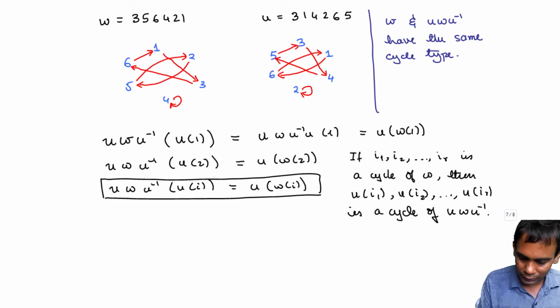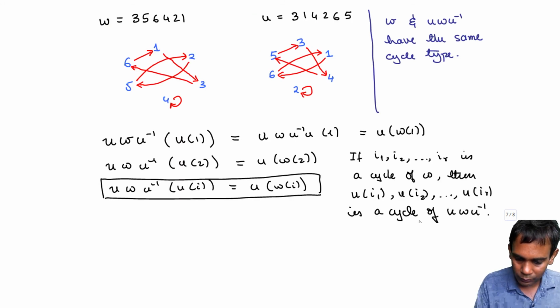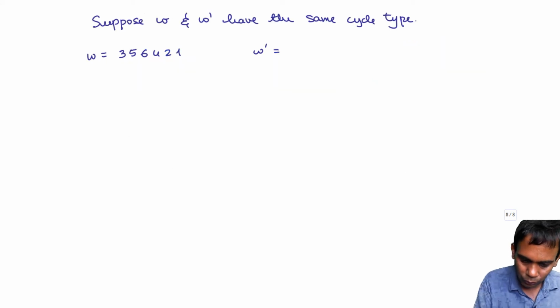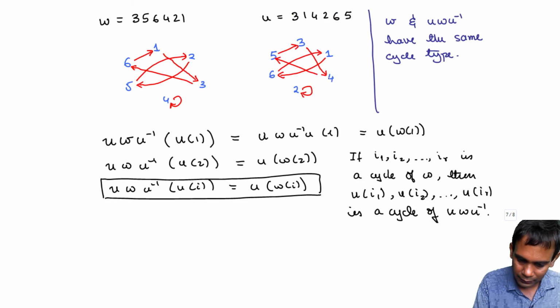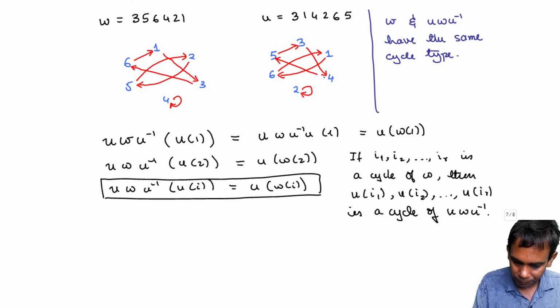We have the permutation, our original example, W equals 3, 5, 6, 4, 2, 1, and we have another permutation W prime, which is given by 1 goes to 6, 2 goes to 2, 3 goes to 4, 4 goes to 5, 5 goes to 3, and 6 goes to 1.